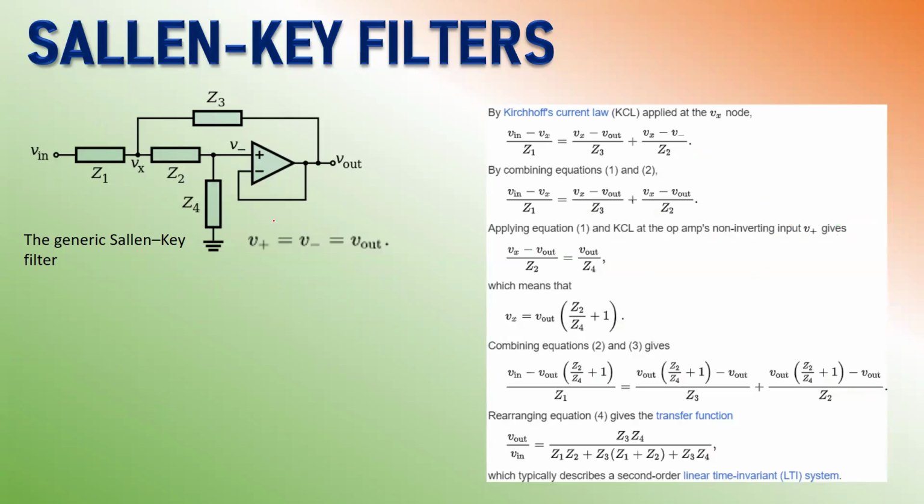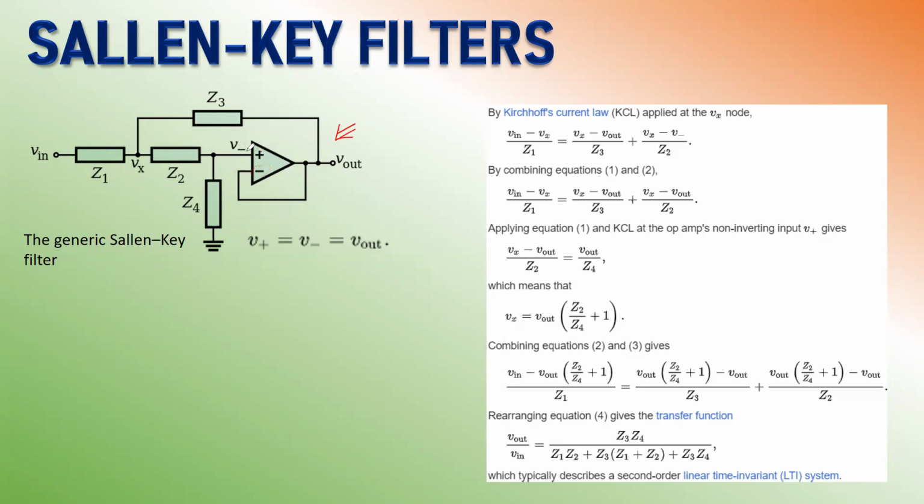And here we now understand some analytical expression for this filter. So what you see here is this generic topology, and since the amplifier has a very high open loop gain, the two pins, positive and negative, have equal potential.